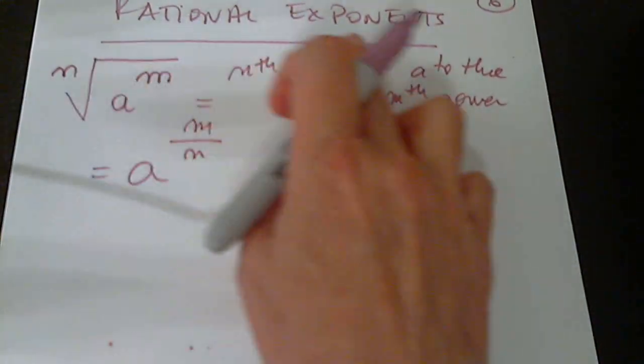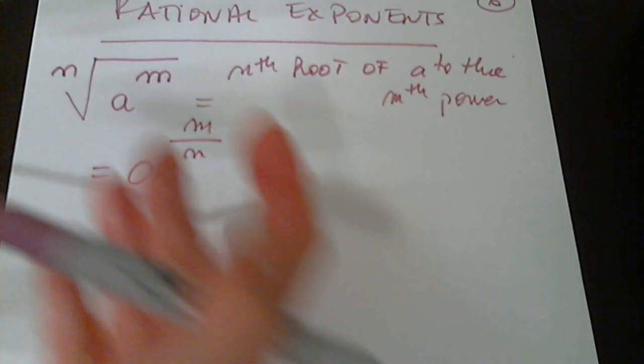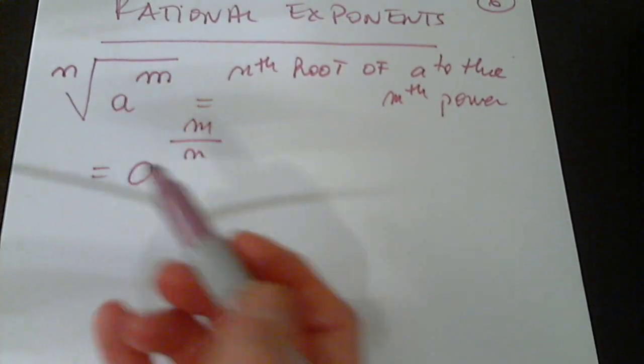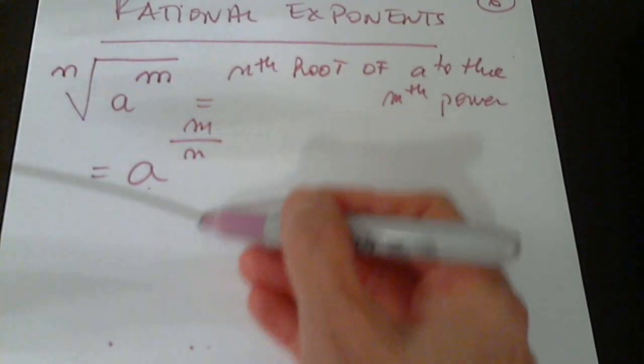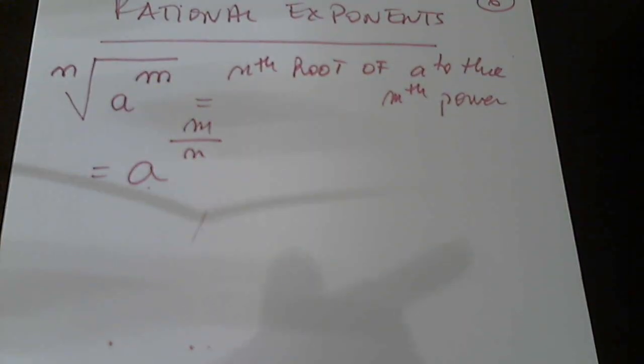That's the fractional or rational exponent. It's a radical. So every time I see a quantity raised to a power that is a fraction, I know it can be immediately changed to a radical.